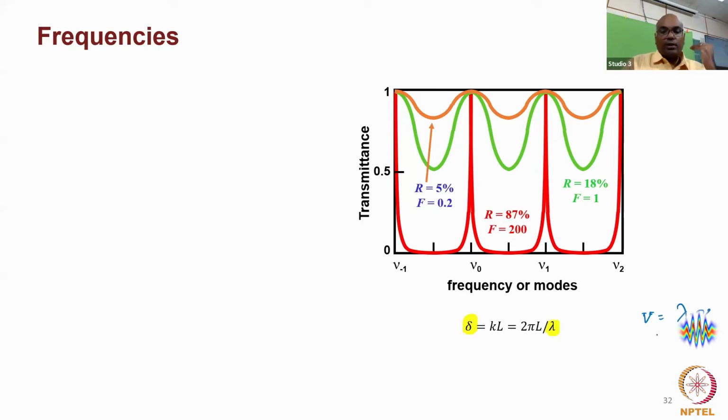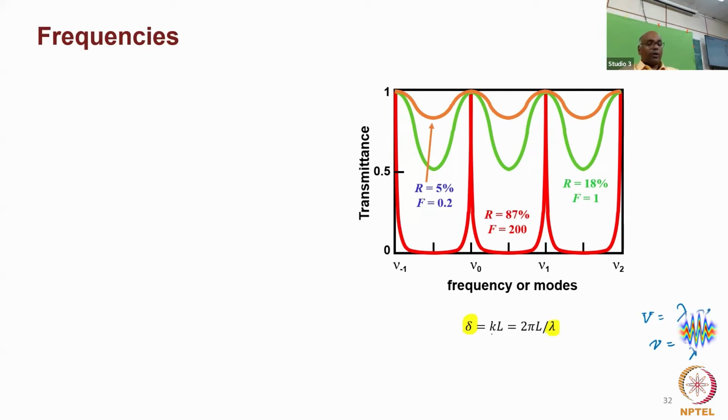Velocity is fixed for a given scenario. Therefore, nu is v divided by lambda. So nu is linearly proportional to 1 over lambda. So the moment there is 1 over lambda in some particular quantity, it tells you that quantity is linearly proportional to lambda.